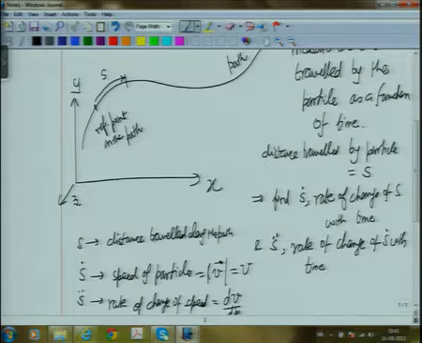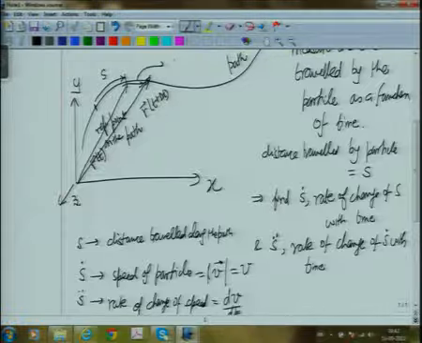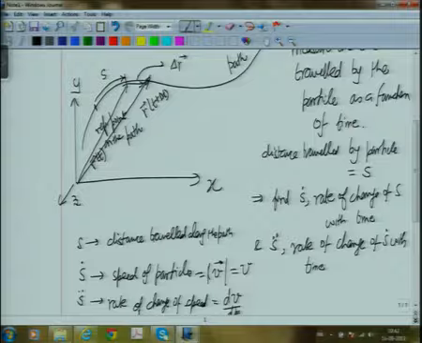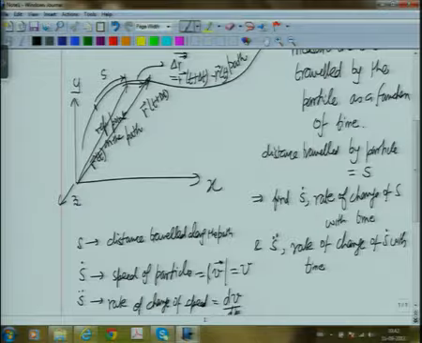Now, if we have to find the velocity, then from the origin we mark the position vector at time t, and we mark a position vector at time t plus delta t, and this is what we can call delta r vector, which is equal to r at t plus delta t minus r at t.